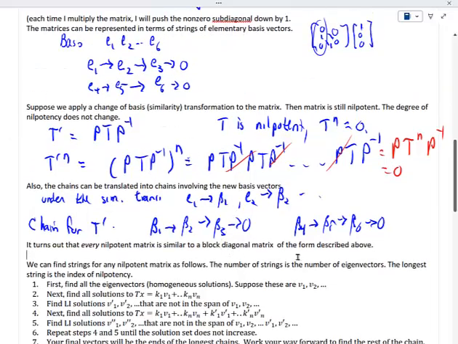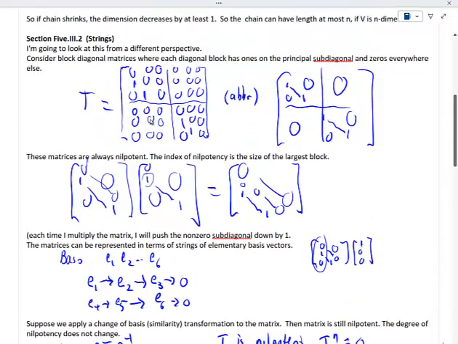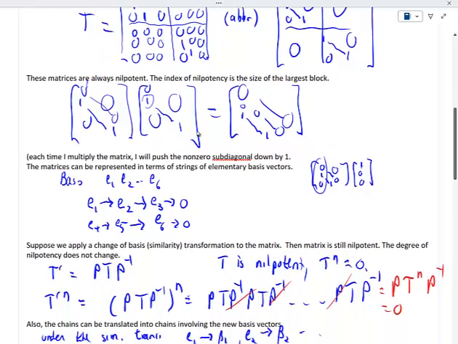When I say these are 0 eigenvectors, a 0 eigenvector is the same as a homogeneous solution: T of x equals 0, which is T x equals 0 times x. So the number of strings is the number of 0 eigenvectors. You can see in this matrix here, I actually have 2 0 eigenvectors, e3 and e6. Those are my 2 0 eigenvectors.